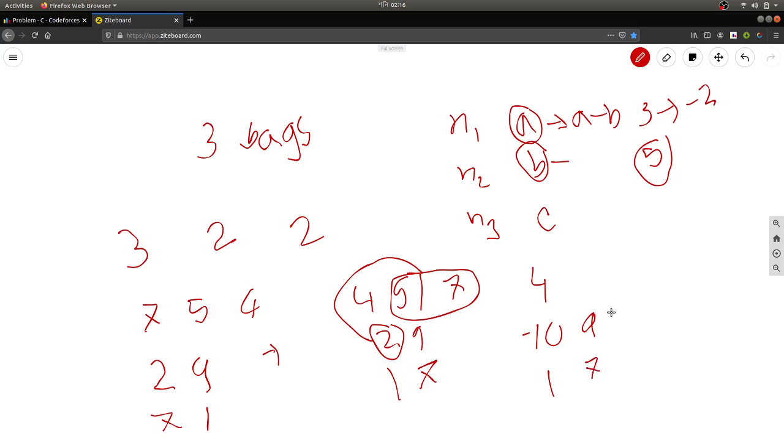Now what I can do is choose this number and this number and replace it, like delete 9 and replace 1 with -8.